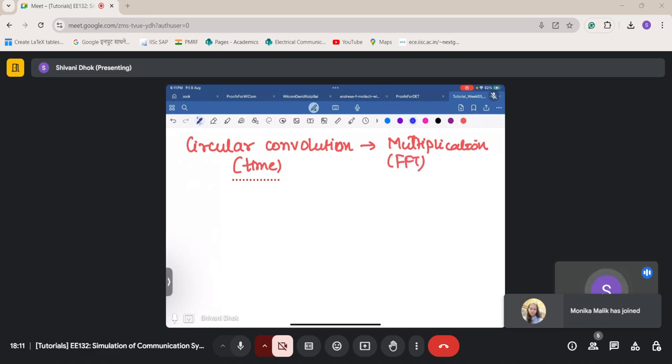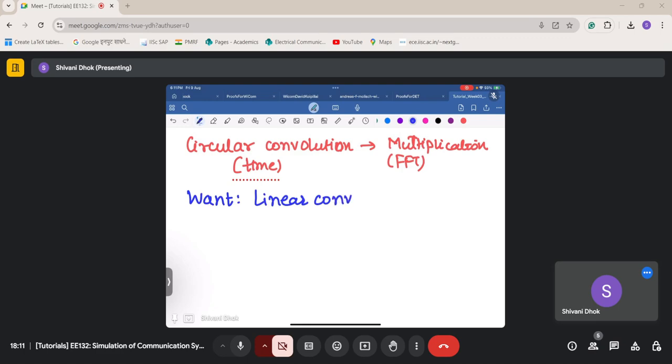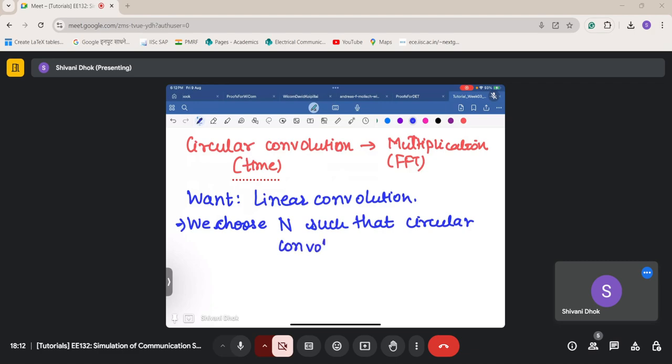But what we want is linear convolution. So for that we choose N such that circular convolution is equal to linear convolution.